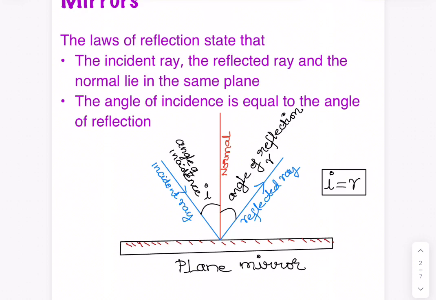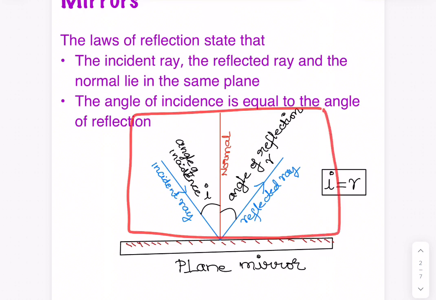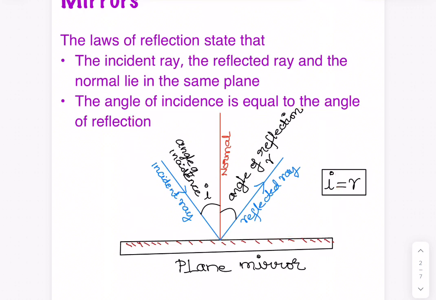The first one states that the incident ray, the reflected ray, and the perpendicular drawn to the surface at the point of incidence, all these 3 are confined to the same plane.